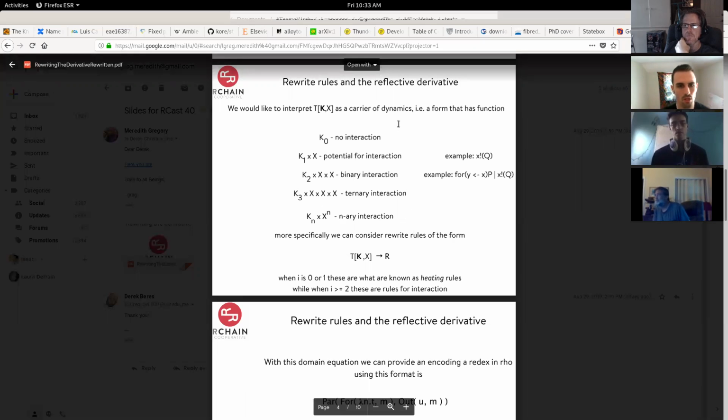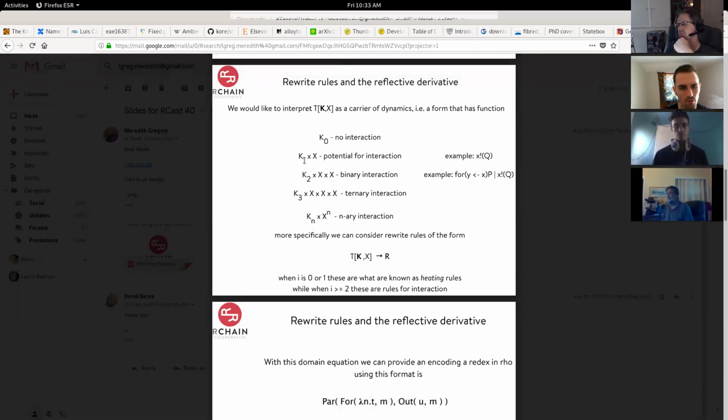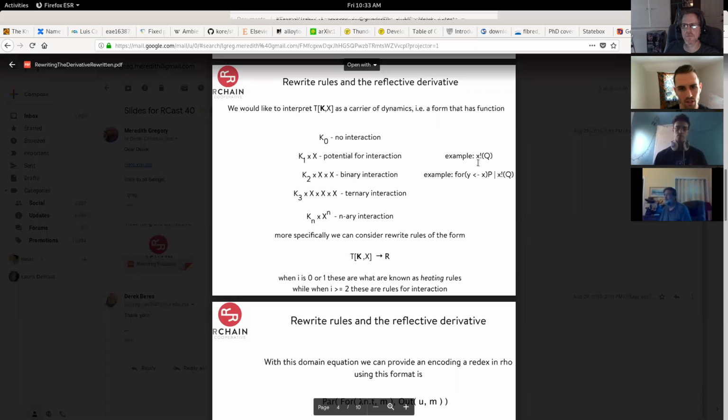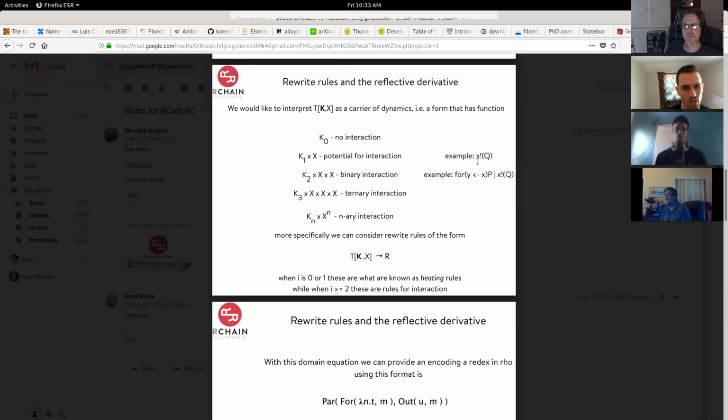Yeah, so he's saying an example of a term that's K1X is something like sending a process on a name. But I'm not sure I understand why that's an example of something like a K1X.